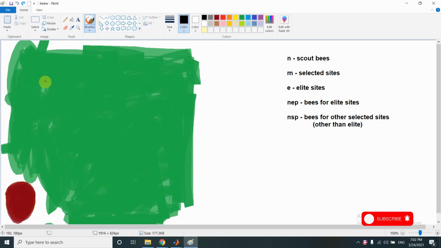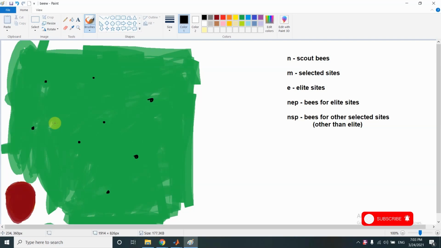Let's say the scout bees find food at these locations. After finding these locations, they consume some nectar of the flower and return to the hive to communicate with the other bees about the location and the quality of the food sources that they have found.